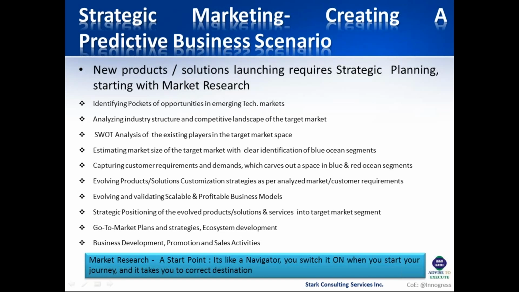If you are in the B2B space, customization is the key requirement, because every customer, particularly big accounts, has different requirements. And evolving and validating a scalable and profitable business model. Validation at every point is very important.